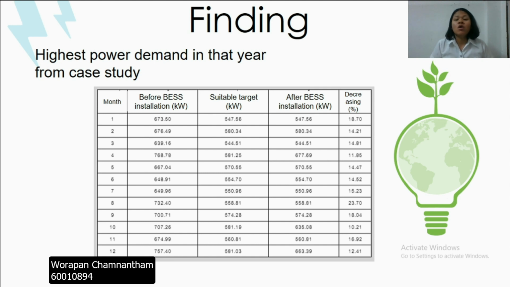From this table, we can see that the maximum power demand in each month is reduced when the energy storage system is installed, which will result in decreasing of electricity charge, and Sanathip will explain the conclusion and implication part.